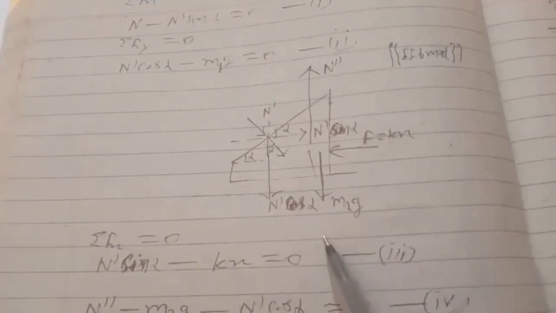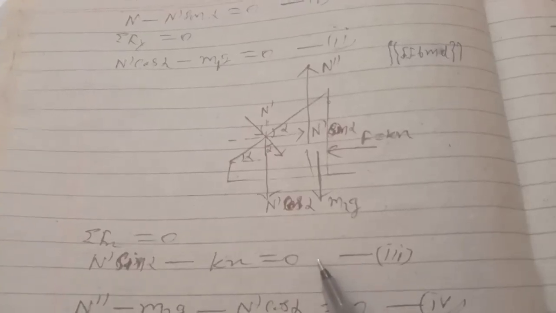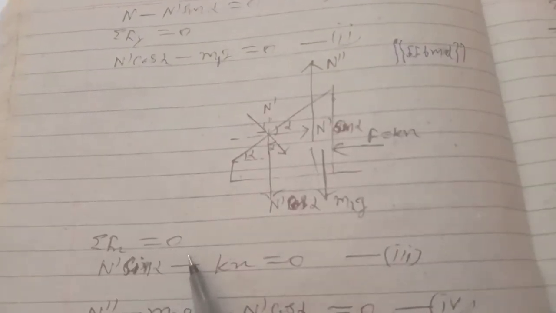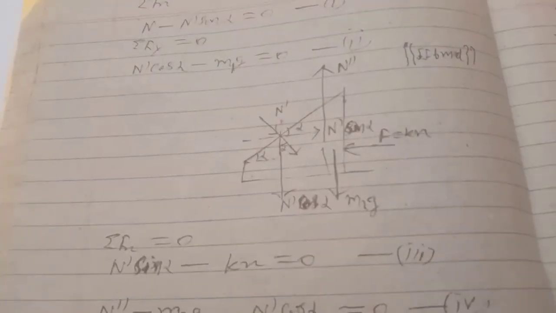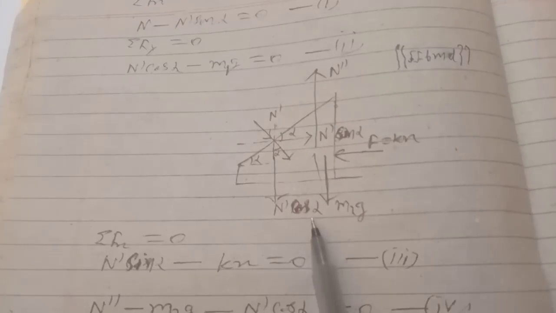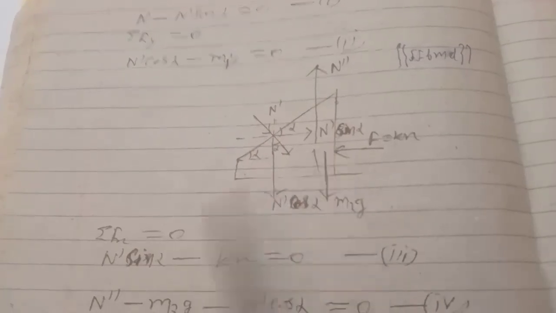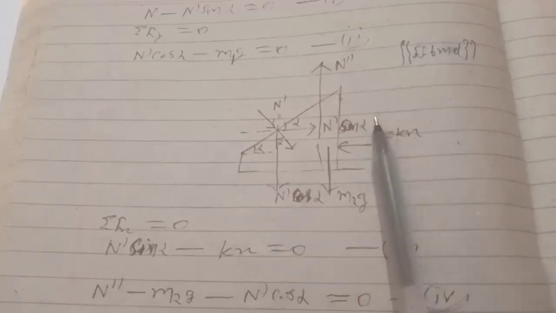And the surface, that is the ground surface, applies a normal force in this direction. So we can write sigma Fx equals 0: N dash sin alpha minus kx, because kx is in this direction and N dash sin alpha in this direction, equals 0.